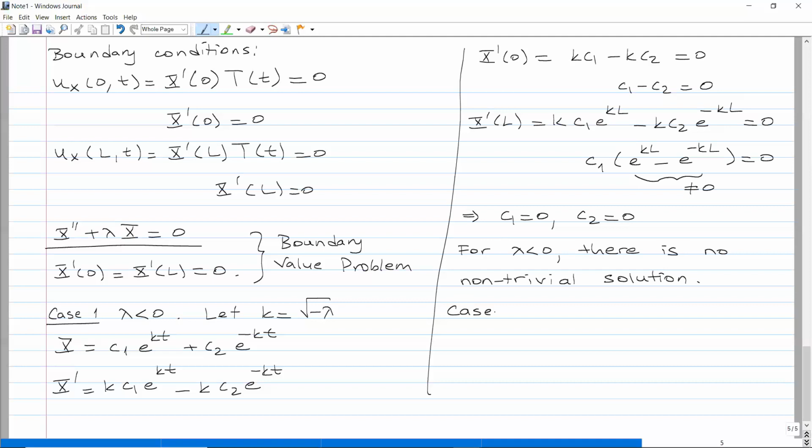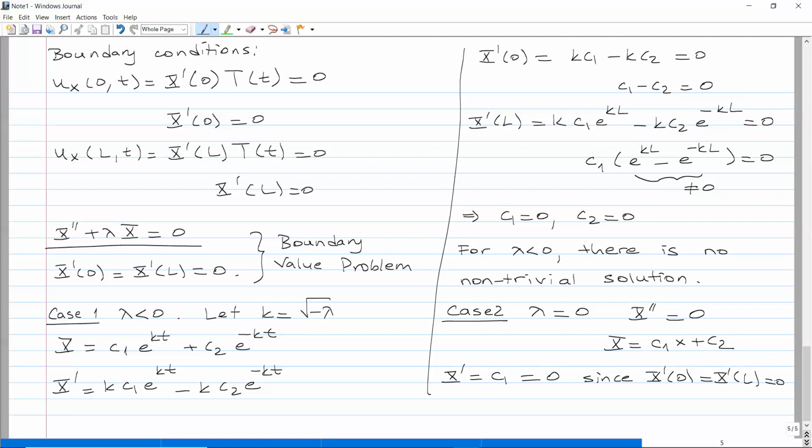So we take the second case, lambda equal to 0. In that case, the equation is simple, X double prime equal to 0. So X is C1 x plus C2. So the derivative is C1, and because of the boundary conditions, that constant C1 must be 0, since X prime 0 equals X prime L is 0.